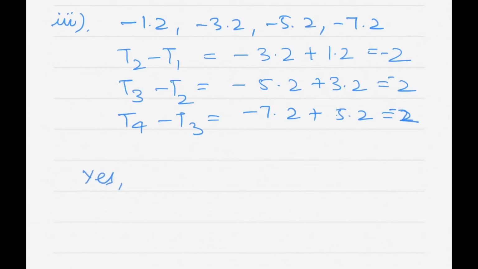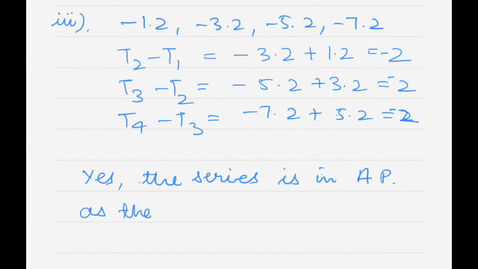So I can write down, yes, the series is in AP, as the common difference is same. Actually, I should not write down common difference, but usually they write it down.